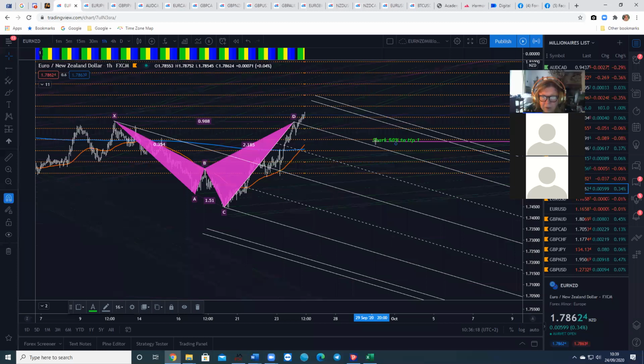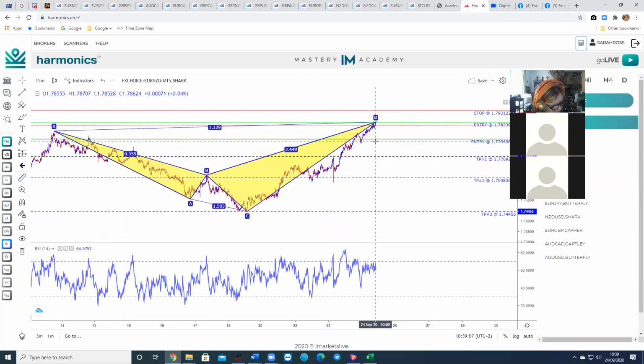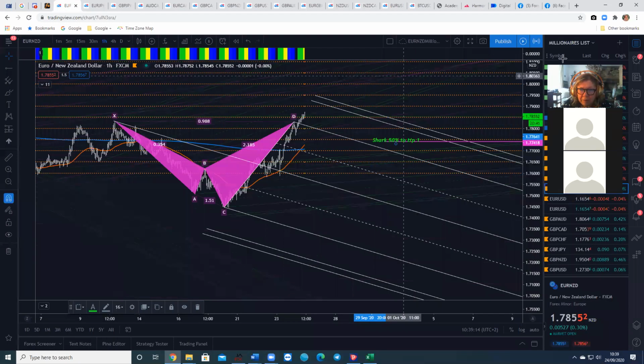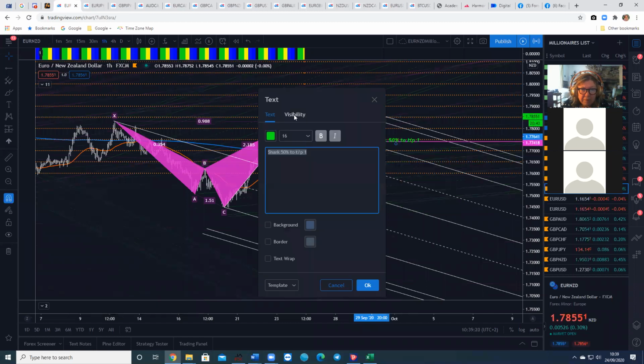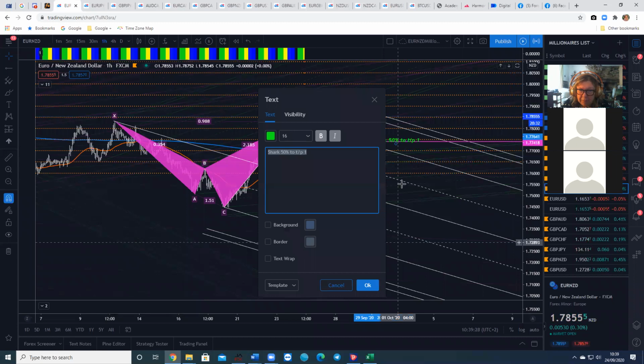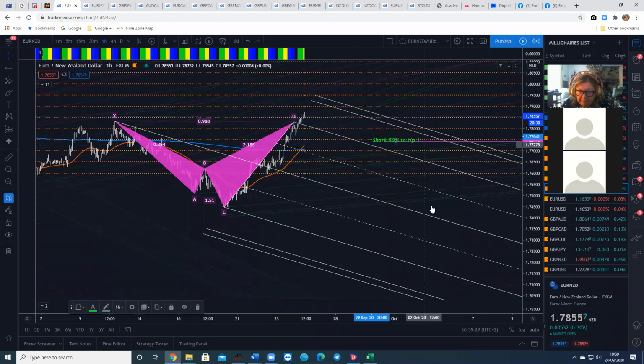Sorry, I need to mark where the D point is. It's now the 24th at 10 a.m. on my time. And that's moved since I drew it a few hours ago. So I'm just going to move my settings. Pick up that pink line.